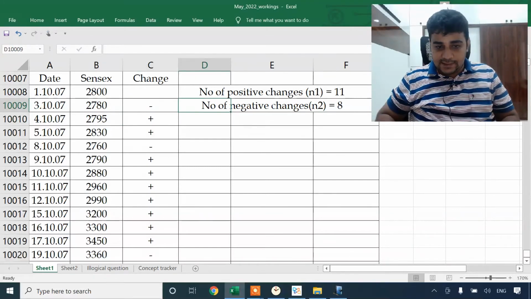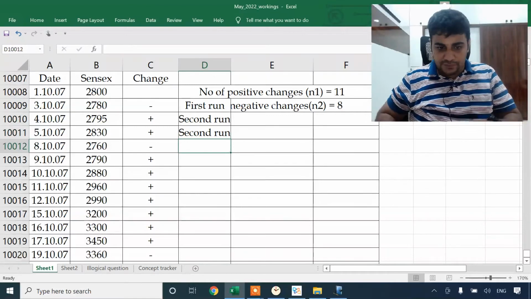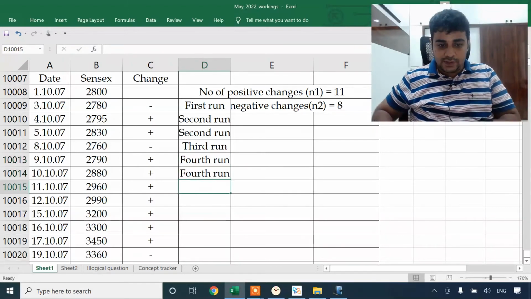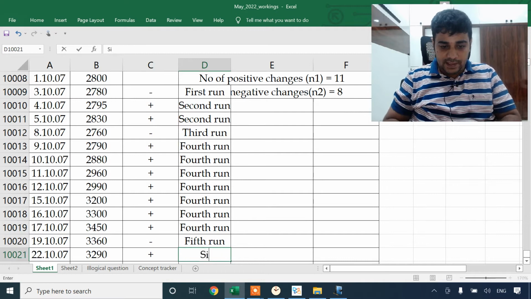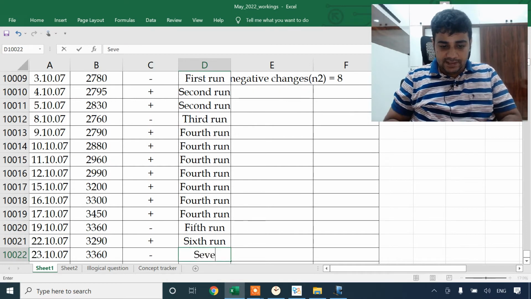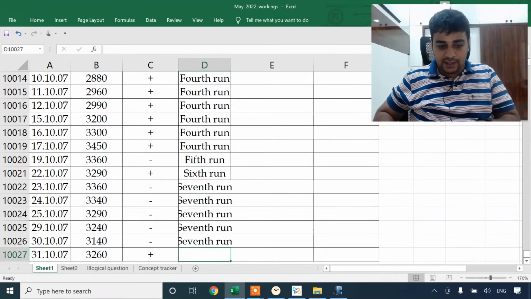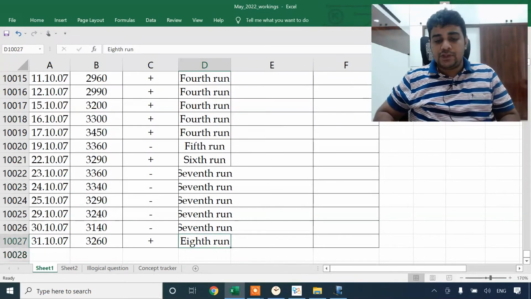This is the first run, second run, continuous because positive, third run, sign got changed, fourth run, positive, positive, positive, positive, positive, positive, fifth run, sixth run, seventh run, seventh continued, eighth run. So 8 runs are there.